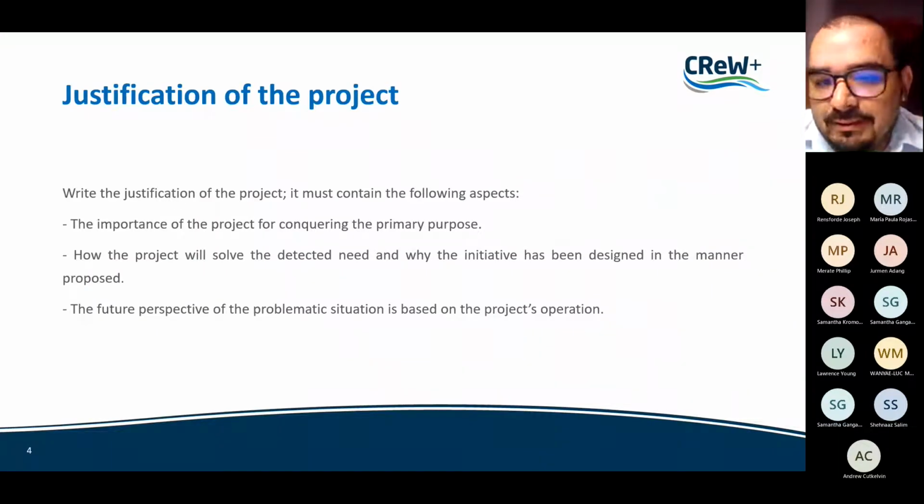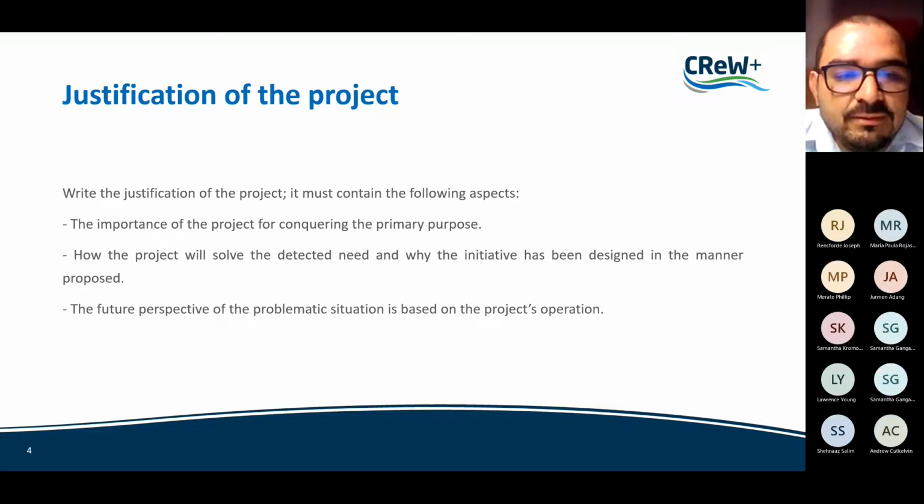In the identification document, there is also a topic that is the justification of the project. In this case, we need to write the justification of the project.